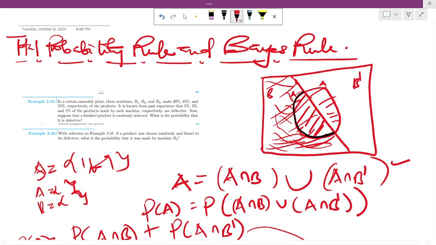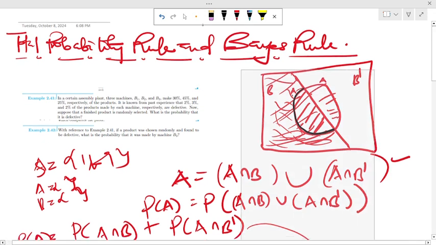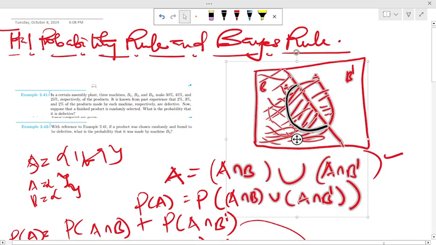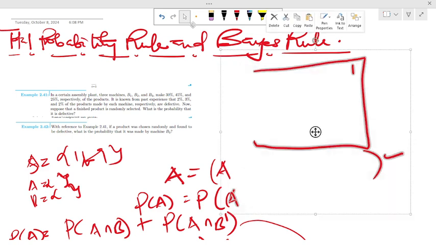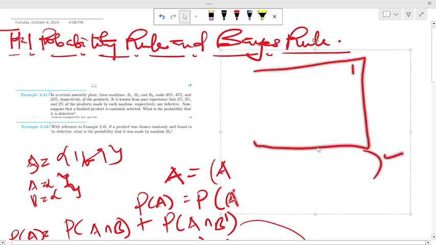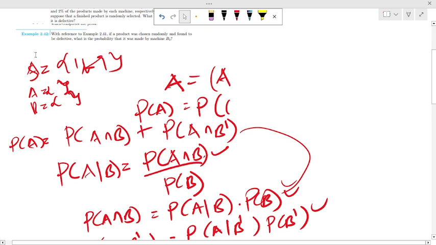Now let's solve the example. The example is a combination of everything. It's actually a combination of all the rules. It is a combination of the Bayes theory and the total probability theory. So we would understand it better.